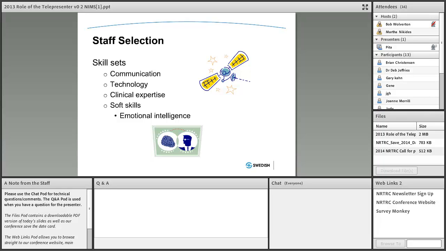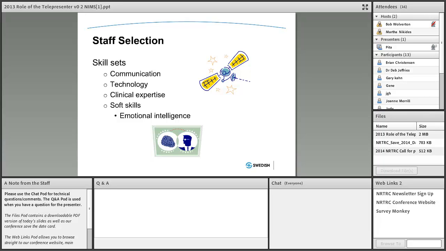You can train to that, and I think you can grow that, but they at least need to have a foundation. And then the emotional intelligence piece. I think this doesn't get addressed very often. It isn't spoken about very often within our community, but my belief is that it's so important because it can make or break your program.